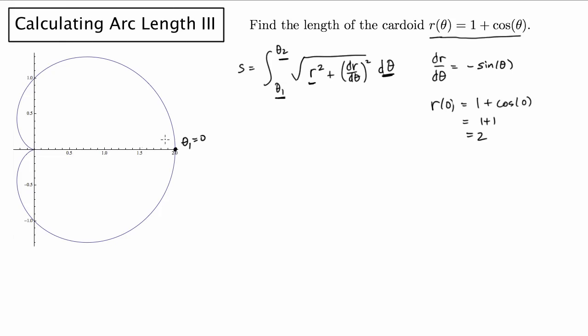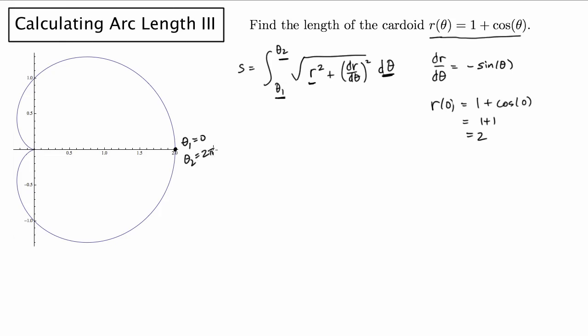And we've seen this curve enough over the course of the semester to know that the curve itself, as it's traced out from 0 to pi, you get the top half, and then pi to 2 pi traces out the bottom half. Alright, keeping that in mind, we're going to start with theta 2 equal to 2 pi then.